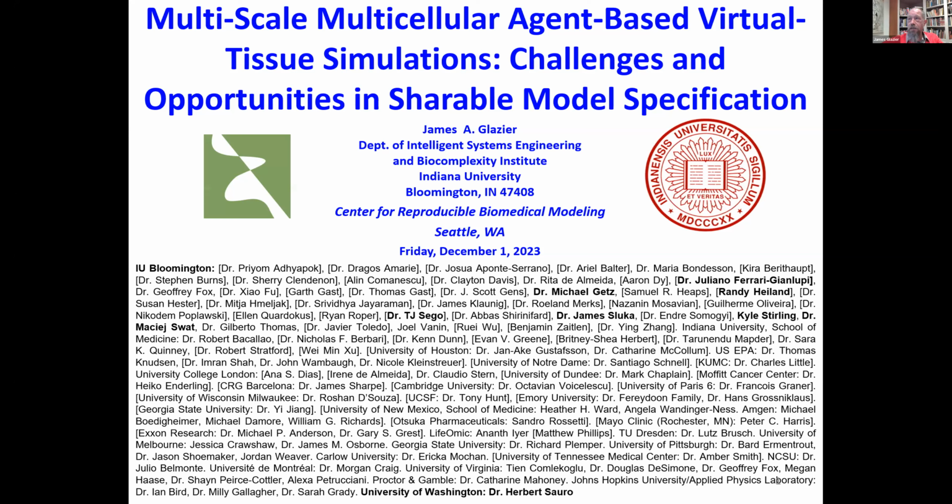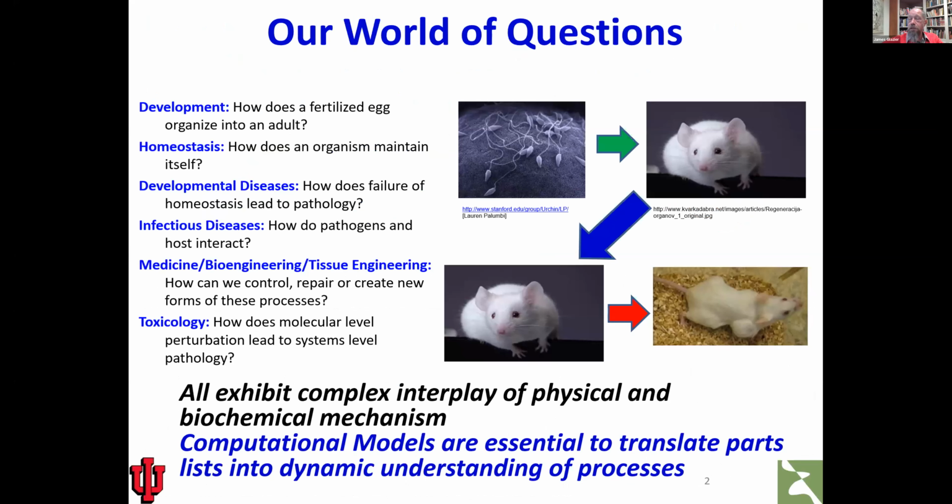Trying to understand challenges and opportunities for multicellular models is really pretty hard because the range of problems that we're working on is very large, and we have to think about a rather complex set of physical and biochemical interactions, and the kinds of questions we're asking are very diverse.